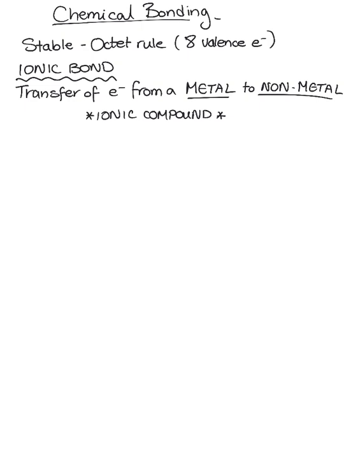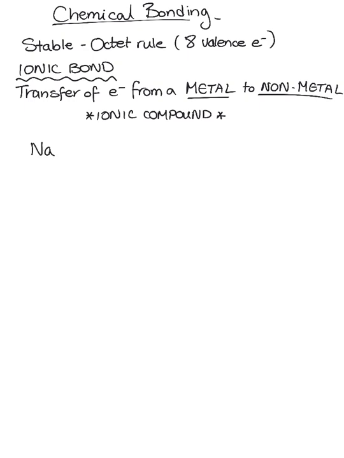Now, when an element gives up electrons or gains electrons, it becomes an ion. So it's no longer an atom anymore. So I want to just do one example with you, and I want to look at sodium. Now sodium is in group 1.